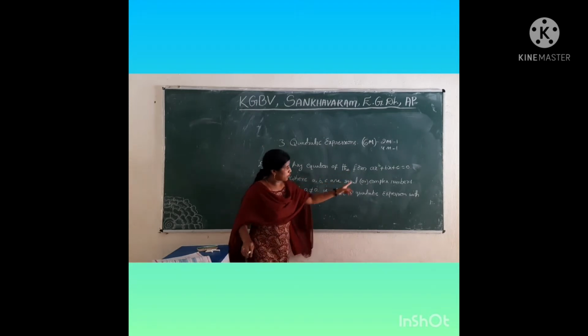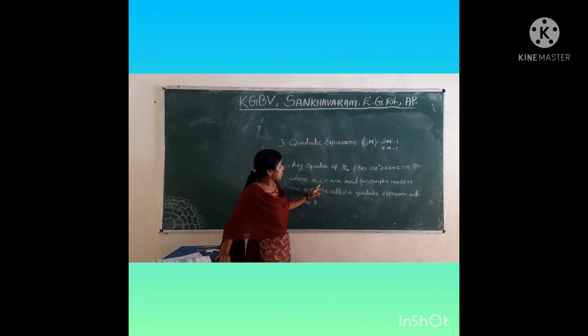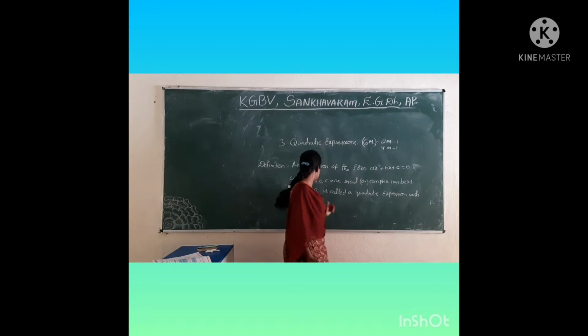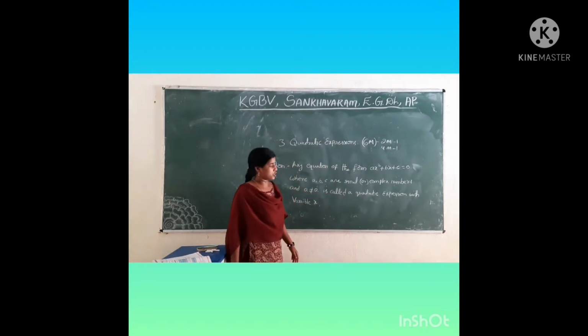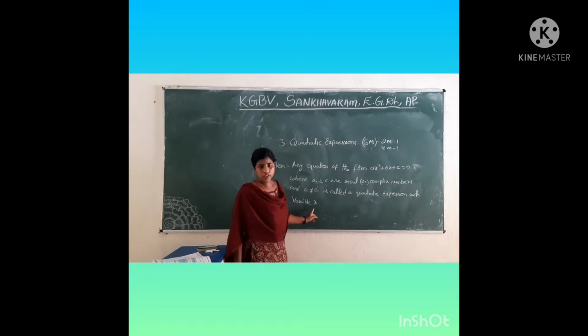Any equation of the form ax square plus bx plus c is equal to 0, where a, b, c are real or complex numbers and a is not equal to 0, is called a quadratic expression with variable x.